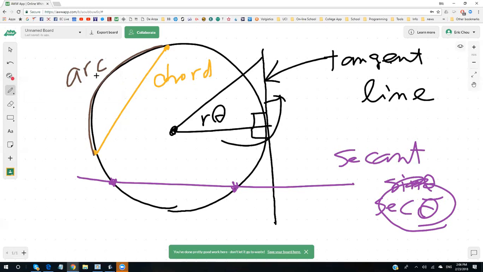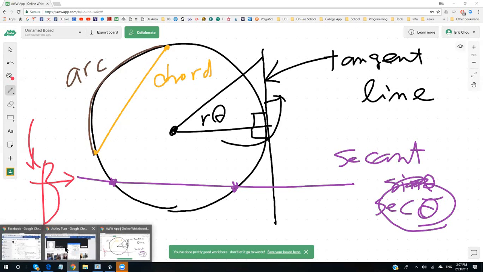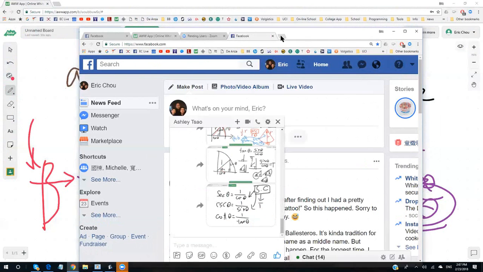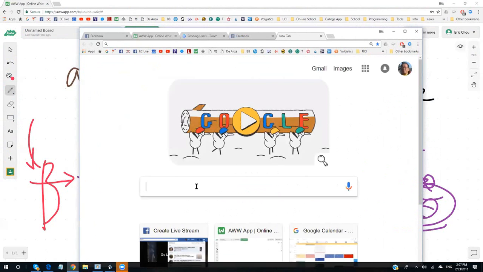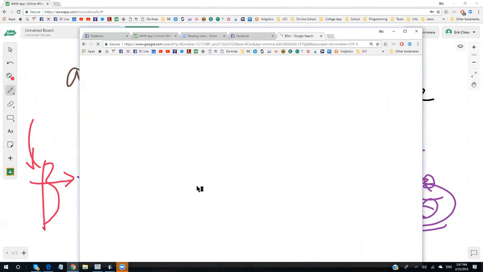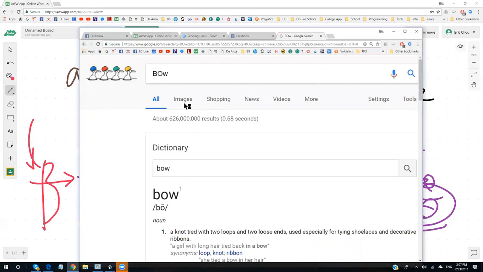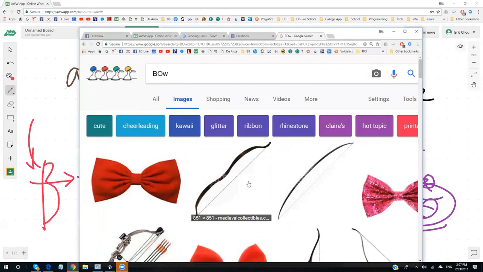You have a ball shooting an arrow, and what's the name of this? You have a ball, right? This is the ball.